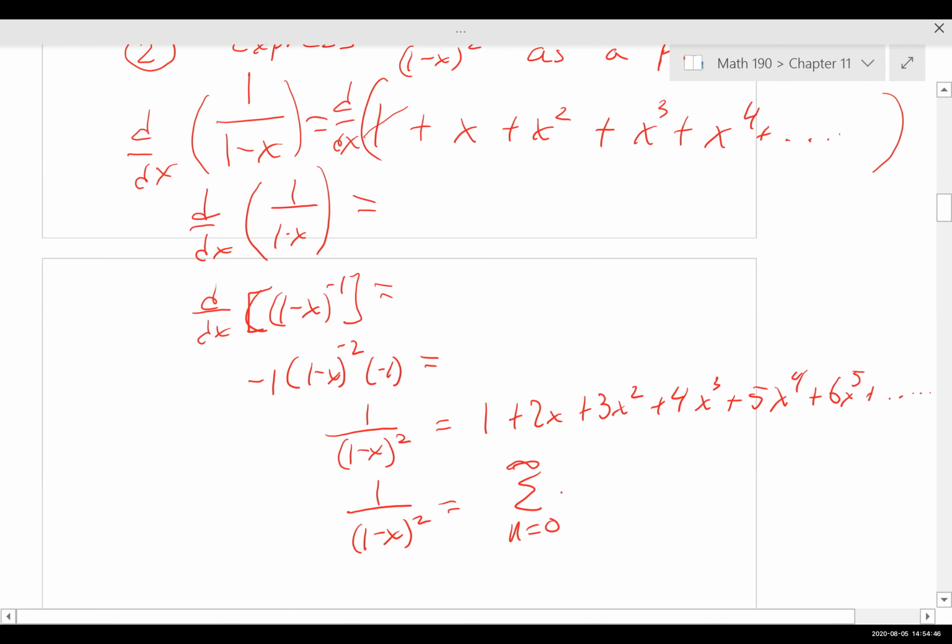Well, n, what do I want? n plus 1 times x to the nth power. Okay, so I think that works. We plug in 0, we get 1. We plug in 1, we get 2x. Yep, this works. So we just want the number in front to be 1 bigger each time.